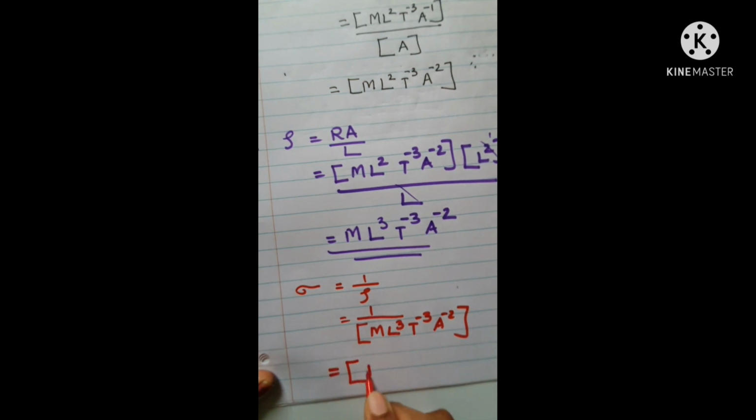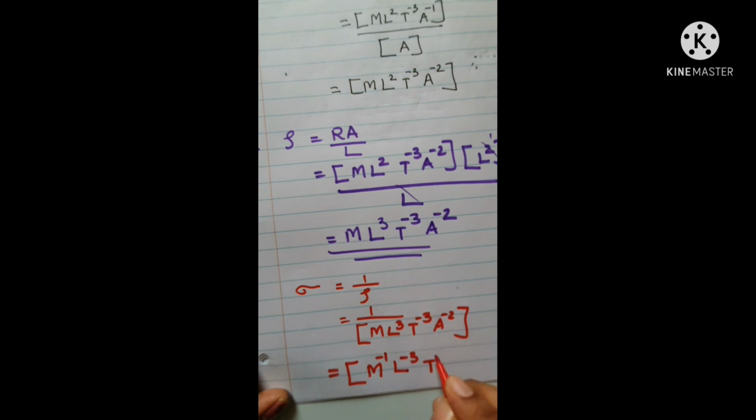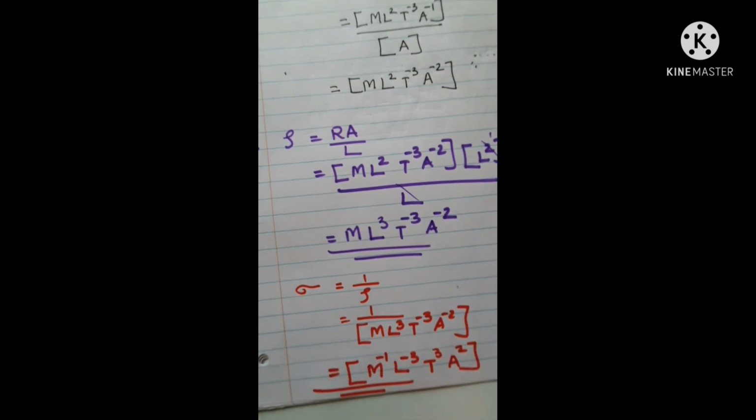It will be M⁻¹L⁻³T⁻³, and when it goes up it will be plus 3, A⁺². This is the dimensional formula for conductivity.